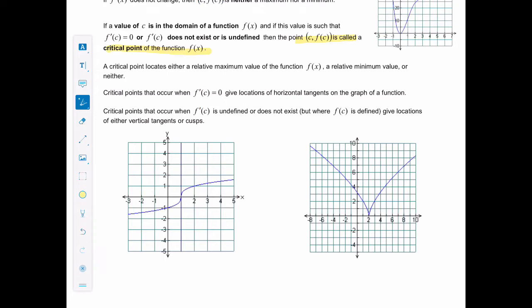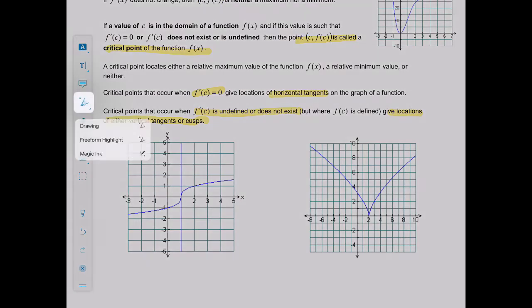Critical points occur when f prime of c is equal to 0 and gives a horizontal tangent. Those are the ones that we've been used to. Other critical points occur when f prime of c is undefined or does not exist, and that gives us locations of either vertical tangents or cusps.